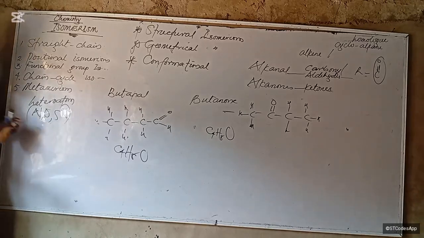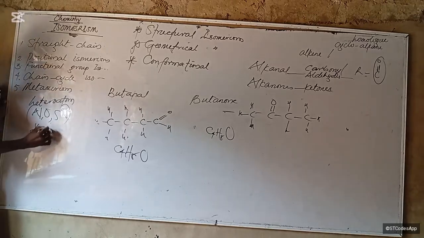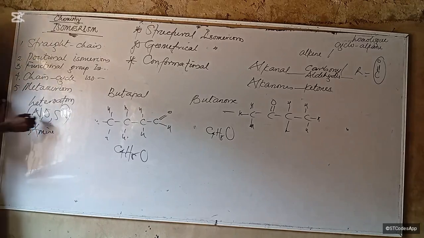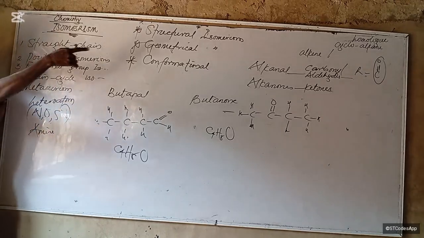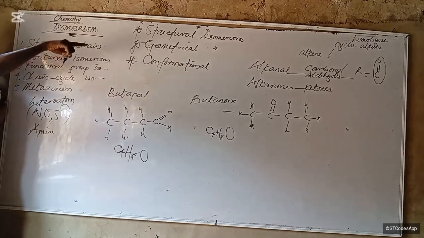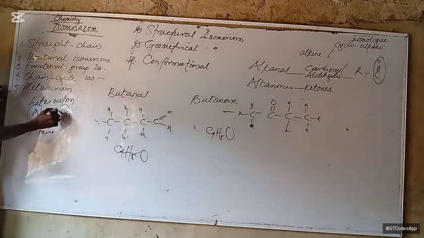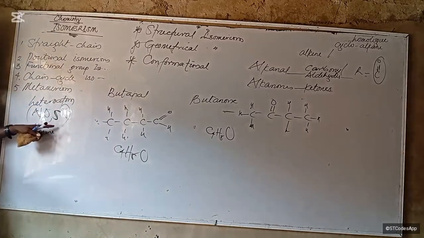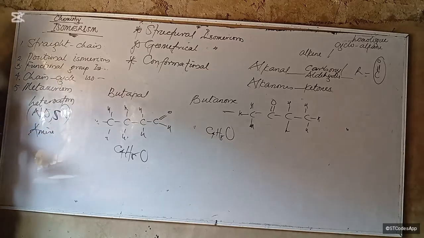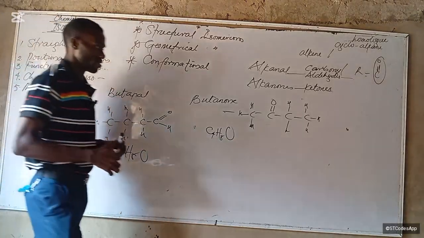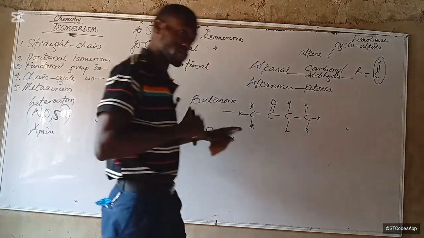Nitrogen, oxygen. So for example, in an amine group, you see metamerism occur. In alkoxyl groups, you see metamerism occur. Does that make sense now? And the ones that have sulfur too, metamerism will also occur. Do you get it now? All right. So this one will be a different functional group.